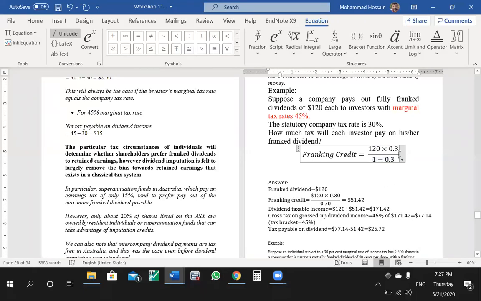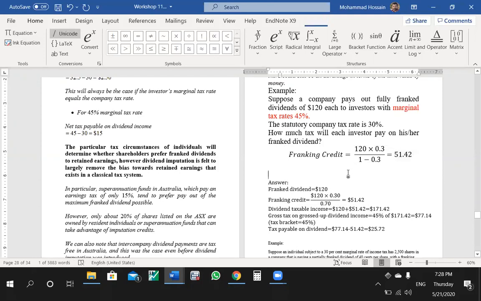So 120 into 0.3 divided by 0.7. They did it already here: $51.42. This much tax has been paid.